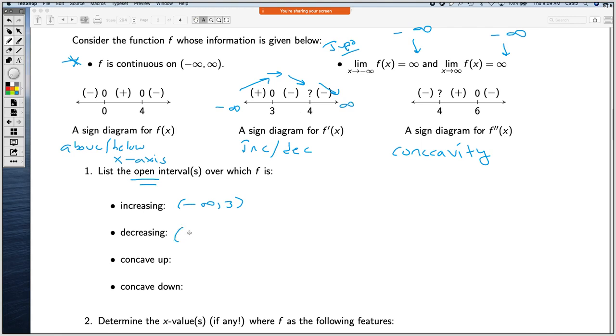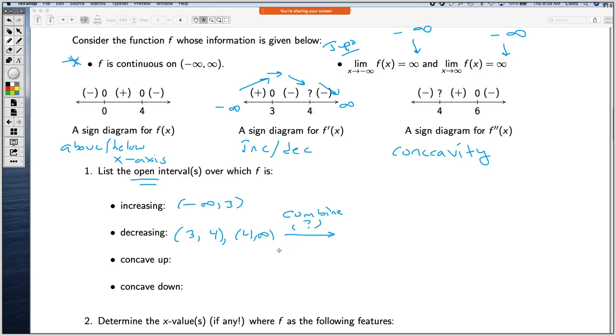Okay? Now for decreasing, we've got the two intervals listed here, 3 to 4 and 4 to infinity. And the question is, can we combine them? We talked about this a couple days ago. Here's the rule about combining. The derivative here is undefined, so I need to make sure that the original function is defined here. If it is, then I can just combine them.